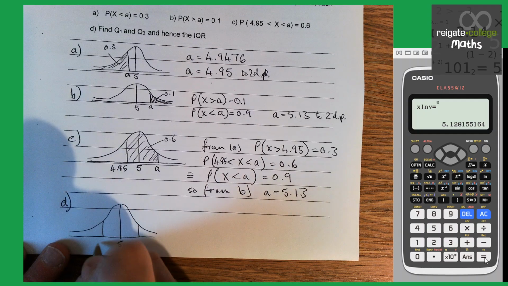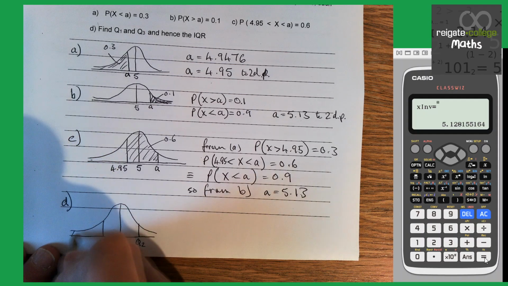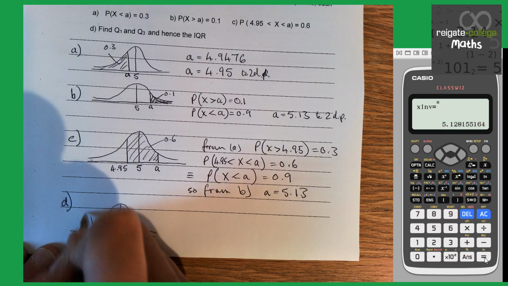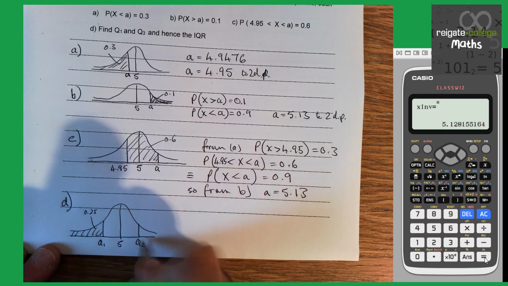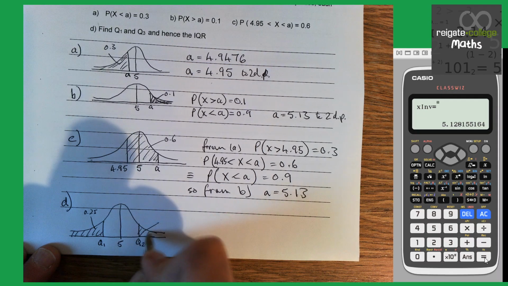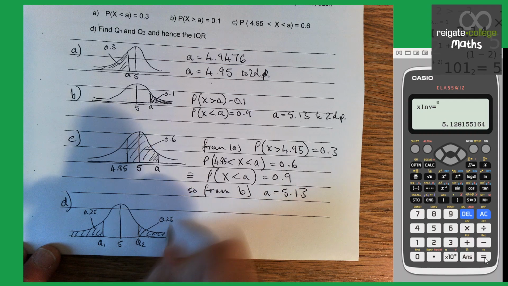Here's Q1, here's Q2. Now the quartiles mean that we've got 25% here, so 0.25, and the same here. It might not look like it on my sketch, but it is just a sketch after all. 0.25.